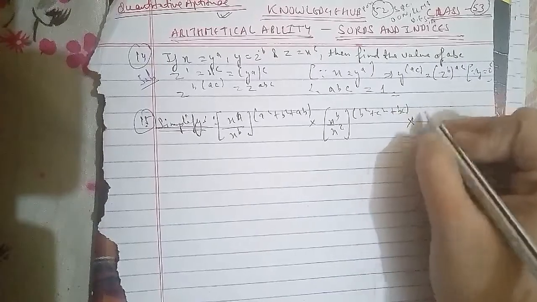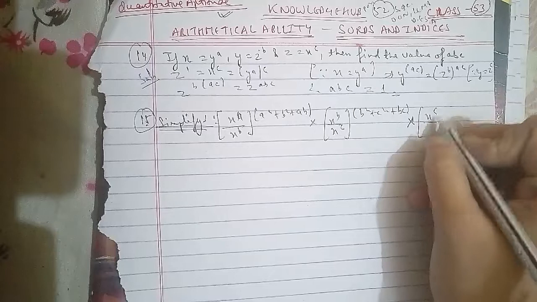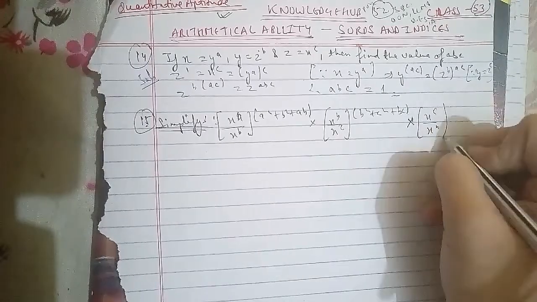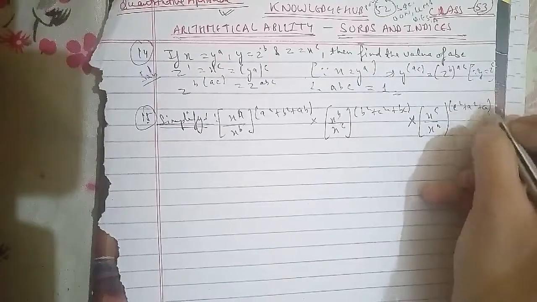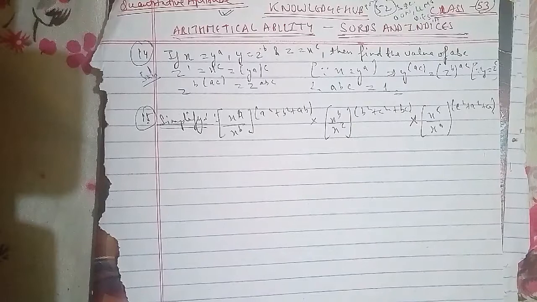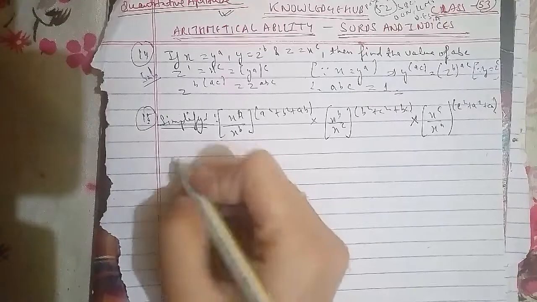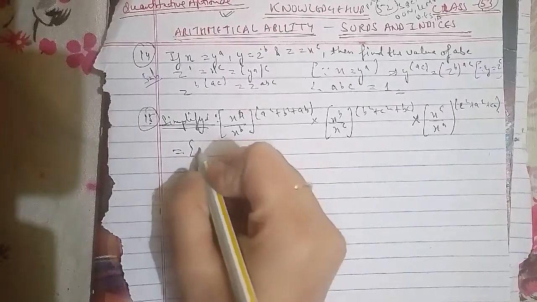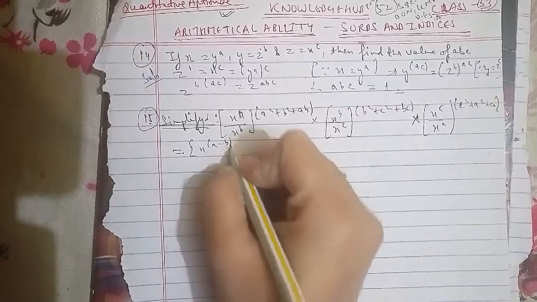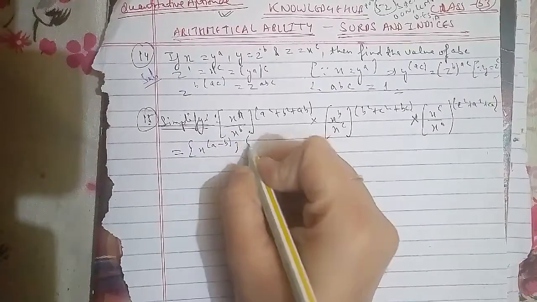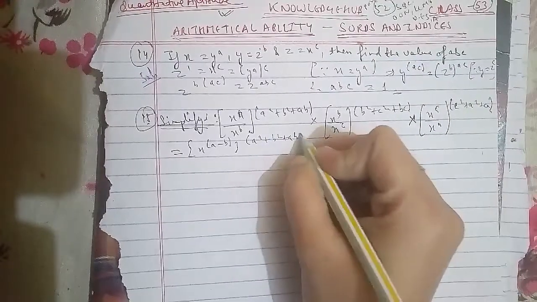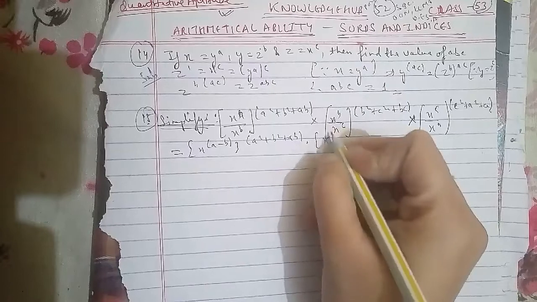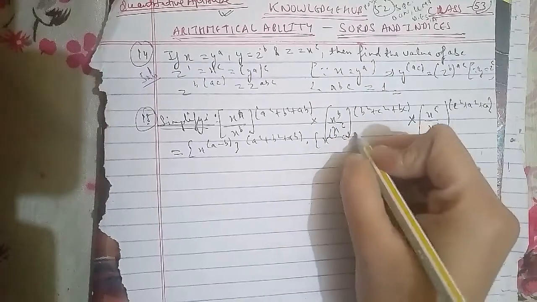Now we have to solve the given expression, which equals x^(a−b) to the power a² + b² + ab, into x^(b−c) to the power b² + c² + bc, into x^(c−a) to the power c² + a² + ca. Further we'll solve it out.